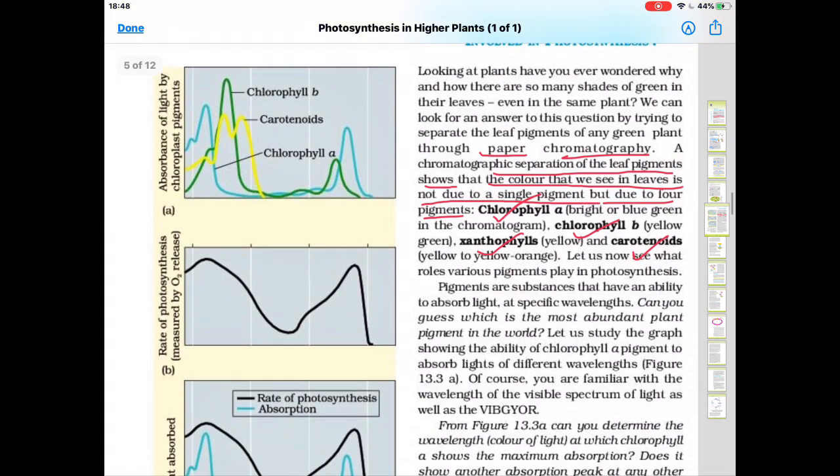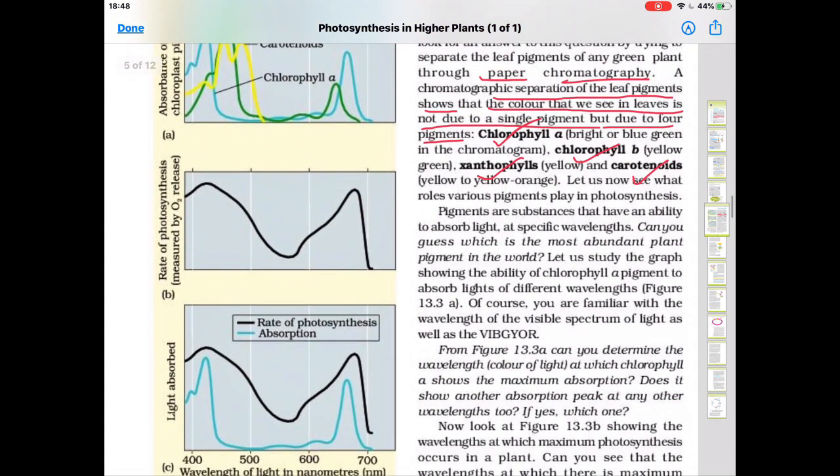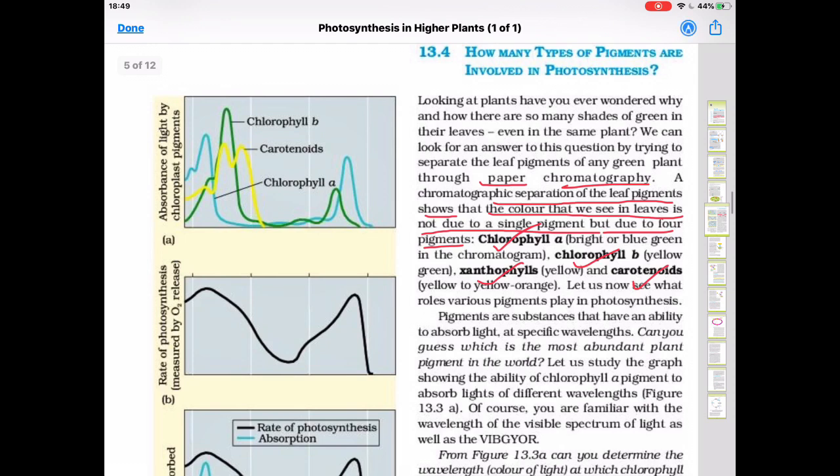Chlorophyll A gives bright blue color. Chlorophyll B gives greenish color or yellowish greenish color. Xanthophyll gives yellow and carotenoids gives yellow orange color. The first graph shows the absorption spectrum of chlorophyll A, B and carotenoids.